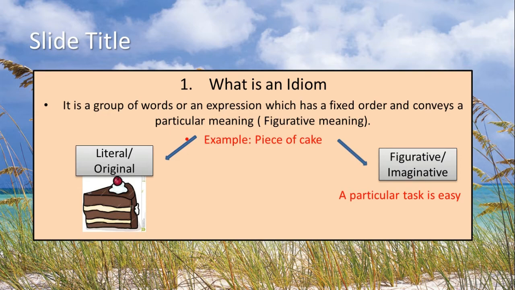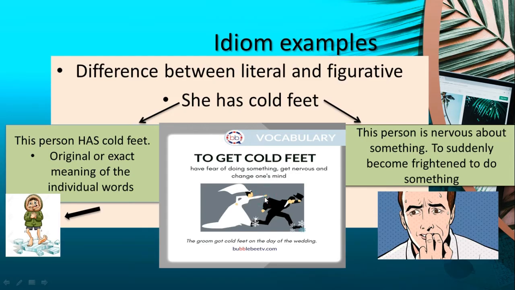Let's take a look at another example. That's another idiom, okay? She has cold feet, or he has cold feet. This idiom is actually trying to tell us that this person is nervous.